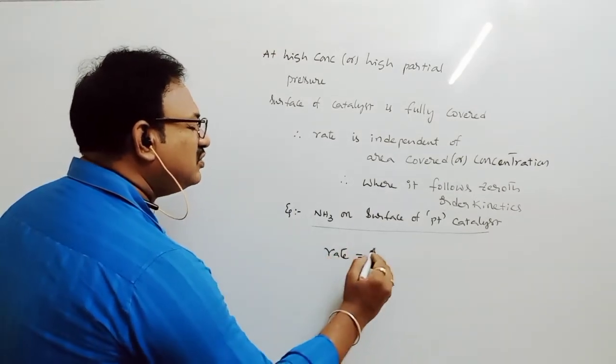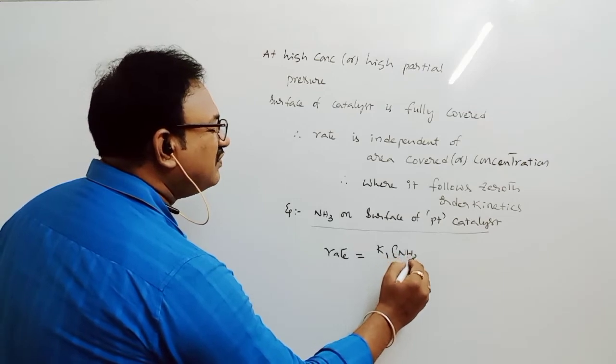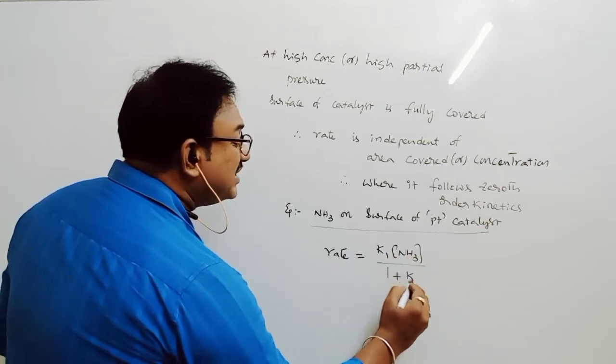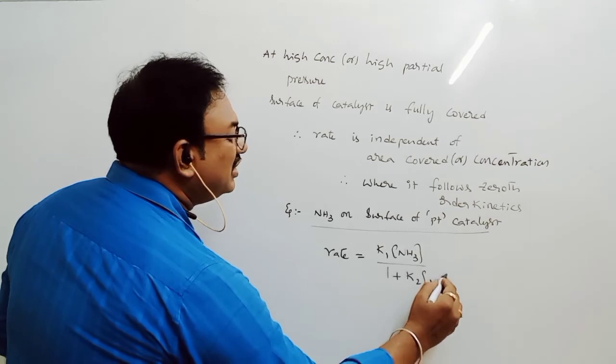Rate is equal to K1 into concentration of ammonia divided by 1 plus K2 into concentration of ammonia.